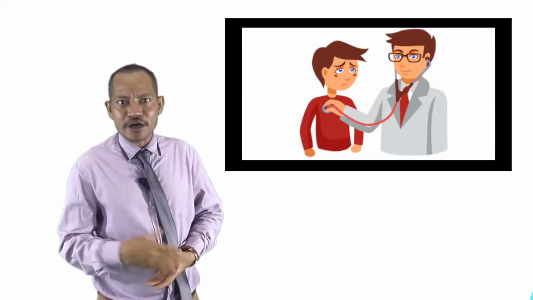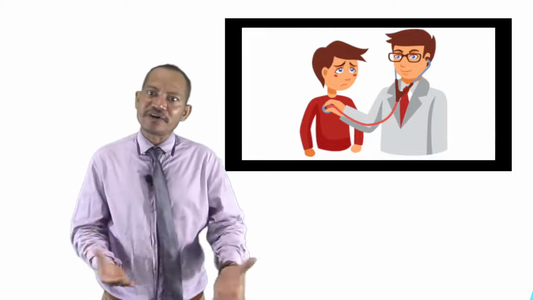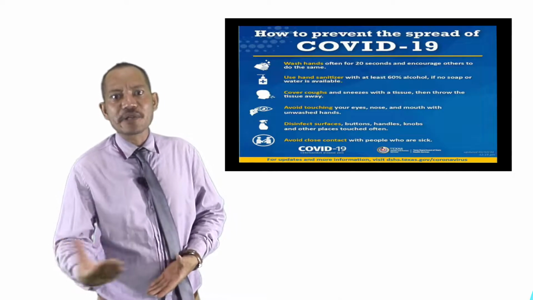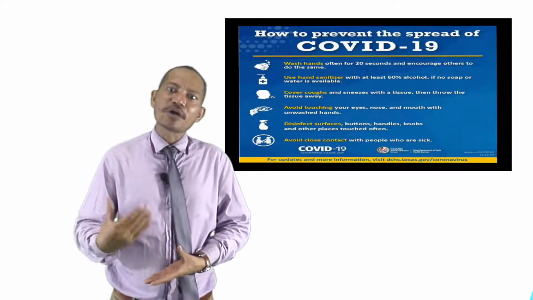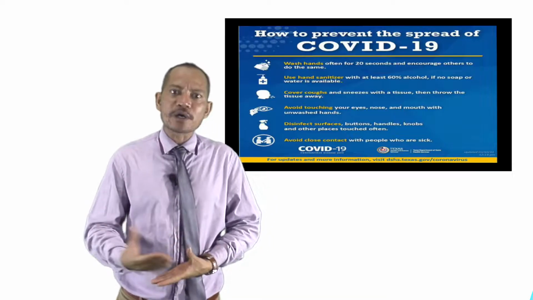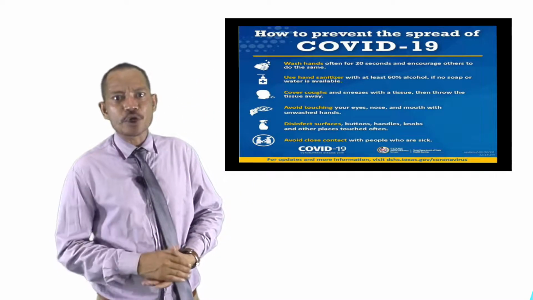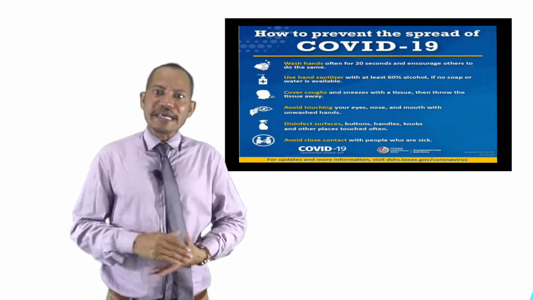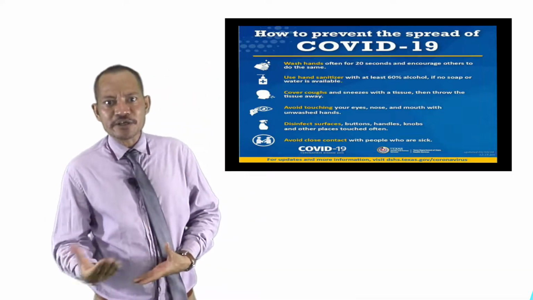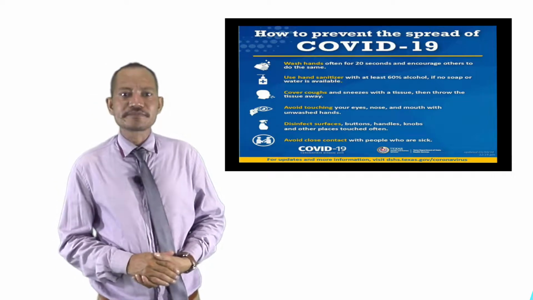Seeking medical care early if you have a fever, cough, and difficulty breathing, and staying informed and following advice given by your health care provider, national and local public health authority, or your employer on how to protect yourself and others from COVID-19.